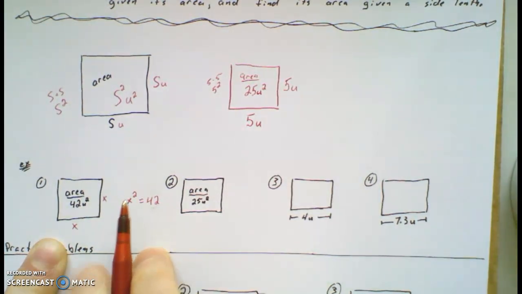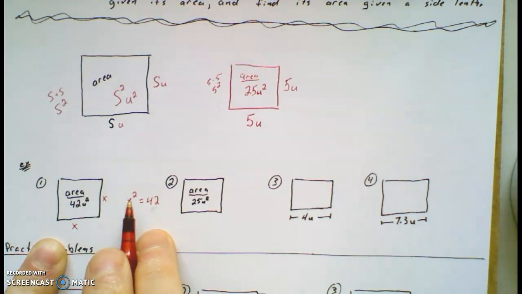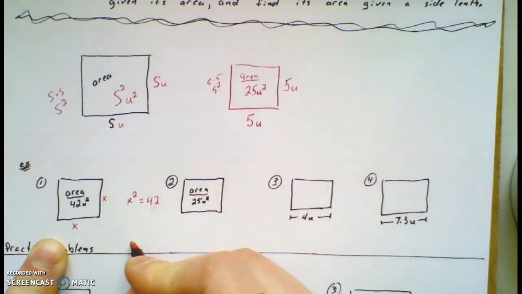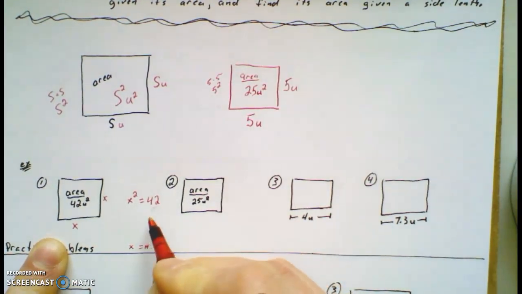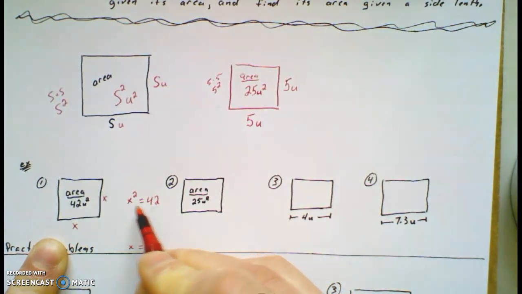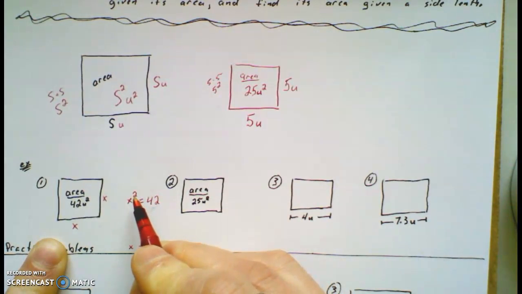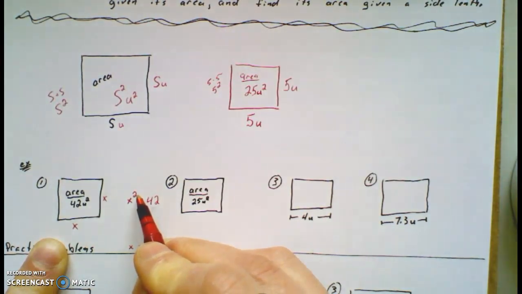Right? So here's how we handle these equations, and this is why we're setting up the equation. Remember, my goal in solving an equation is to get the x all by itself and all the numbers on the other side. So in this case, I want to get this x all by itself and all the numbers over here. Well, I have this squared up here. So how do we get rid of a square? We do the opposite of squaring, and that's what we learned last week.